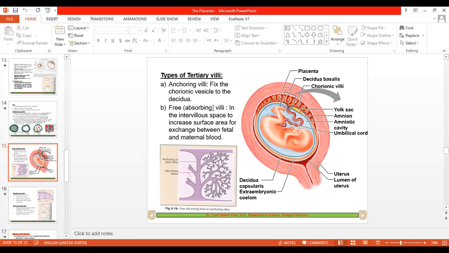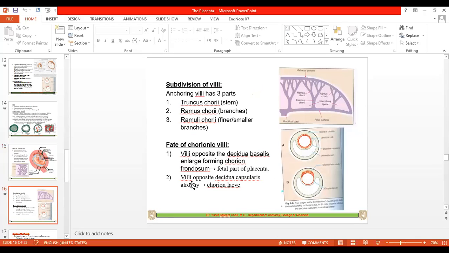These are called free villi. So they are anchoring villi and free villi. All around this free villi will be the maternal blood outside, and inside here will be blood vessels. Later I will show you where the fetal blood will be passing through. There is no actual mixing of the blood between the mother and the fetus.